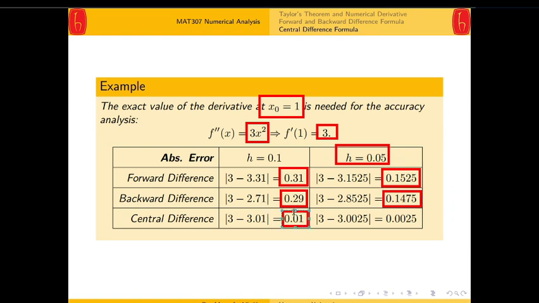This is the error with h equals 0.1, and this will be the error with h equals 0.05. So if we take half of h, then the error will be 1/4 of the original error. This is something we expect, because we know the central difference formula is second order accurate.